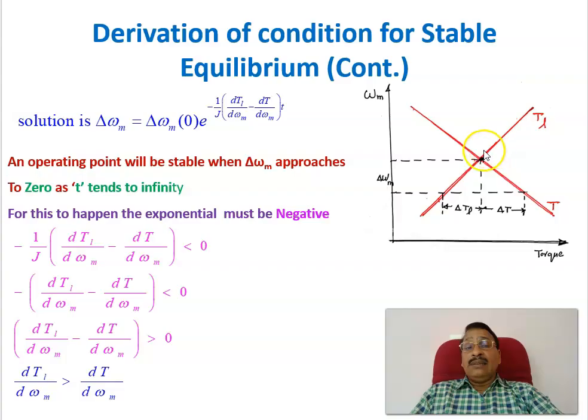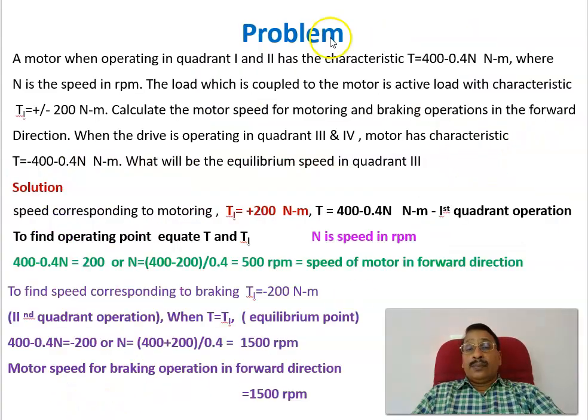Therefore, the condition for this operating point to be a stable equilibrium point is that the slope of the load curve with respect to omega m should be more than the slope of the motor curve with respect to omega m. That is, dTL by d omega m should be more than dT by d omega m. This is the condition for this equilibrium point to become a stable equilibrium point.